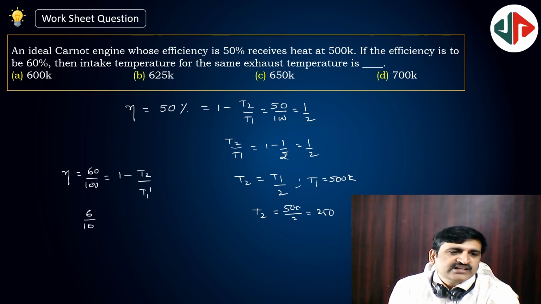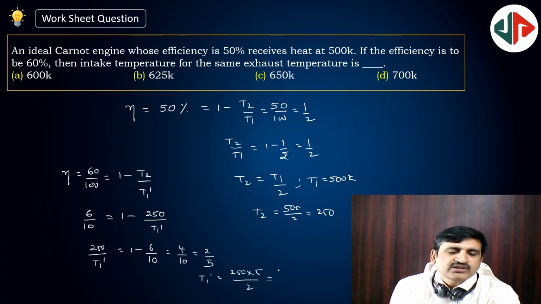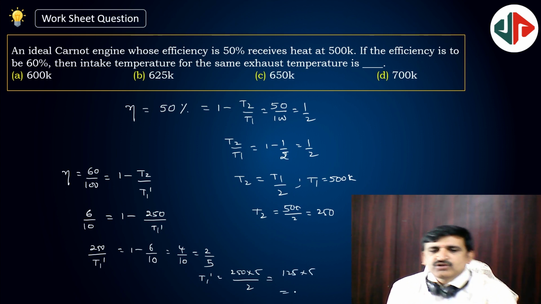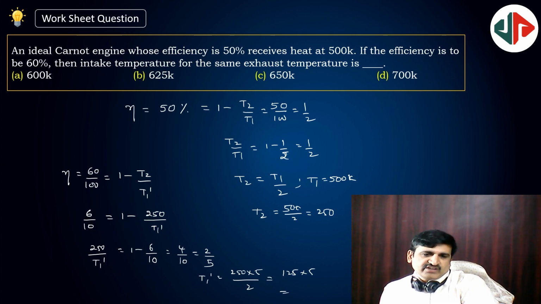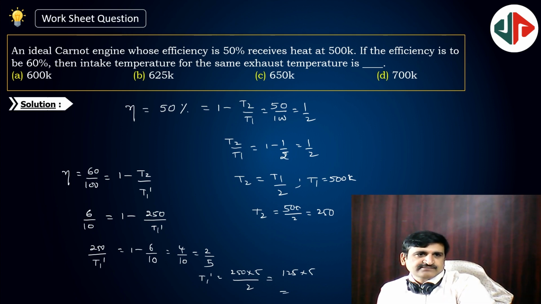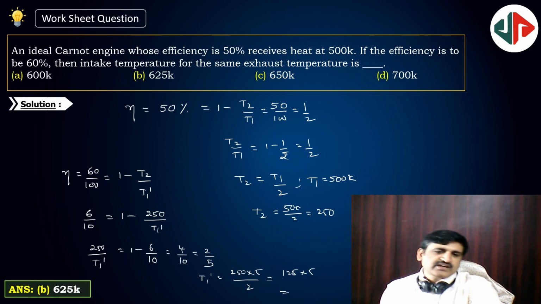So 6 by 10 is equal to 1 minus 250 by T1 dash. So 250 by T1 dash is equal to 1 minus 6 by 10, which is 4 by 10, that is 2 by 5. T1 dash is 250 into 5 by 2, which is 625 Kelvin. Yes, option B, 625 Kelvin.